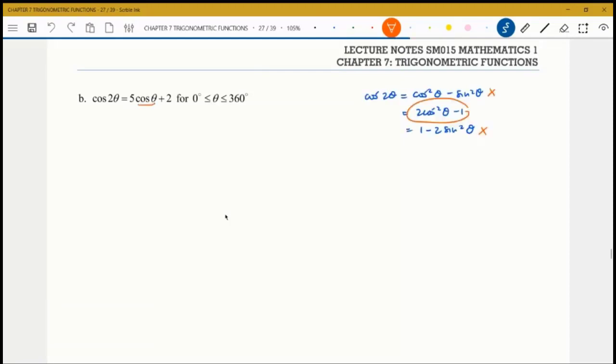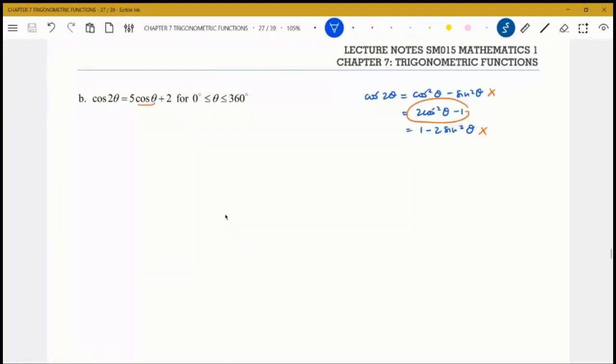Okay, so we're gonna have on the left hand side we replace with the 2 cos square theta minus 1. And then yang ini kita salin balik plus 2. Sekiranya di sini adalah sin, kita akan pakai the last formula. Okay, but then di sini adalah cos theta, kita akan pakai second formula.